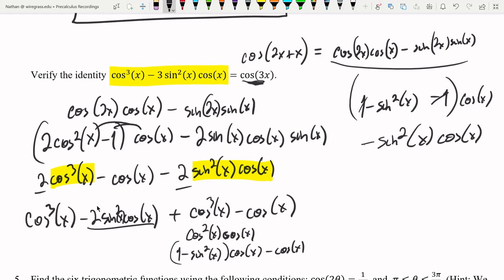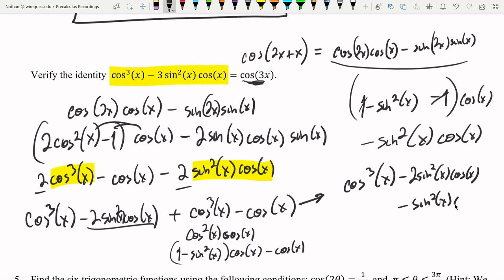That's exactly what I want. I want negative sine squared x cosine of x. So this whole thing just becomes cosine cubed x minus 2 sine squared x cosine x minus sine squared x cosine x.